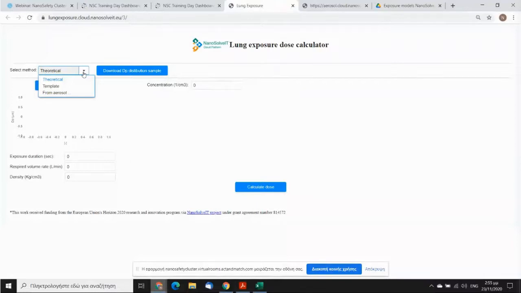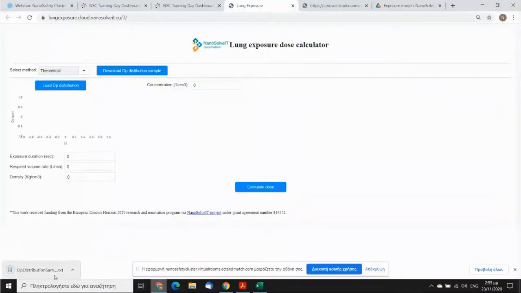Of course, everything is gathered again in the drive link that we have sent you. In the theoretical case, we want to load a DP distribution and have an estimation of the concentration of the nanomaterial. In order to have an idea of how this DP distribution looks, we have this box here, which is a DP distribution sample.